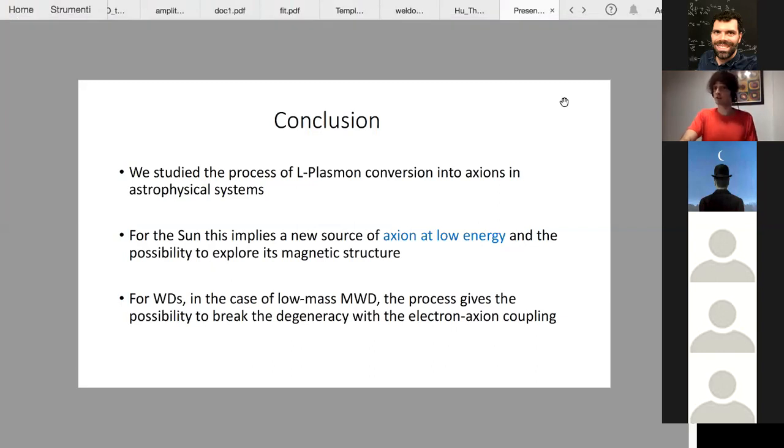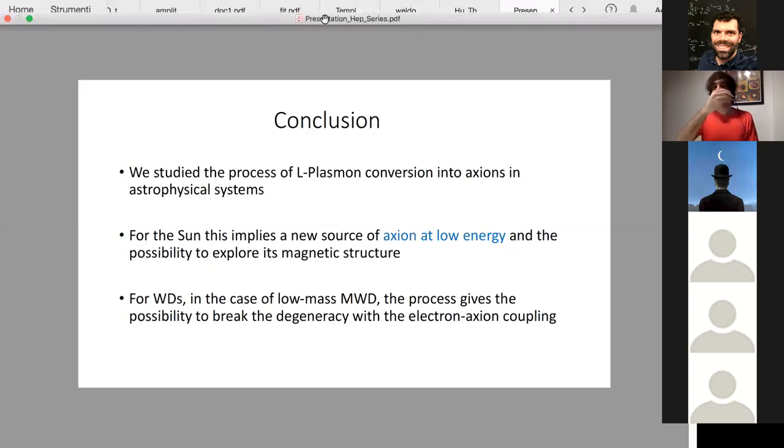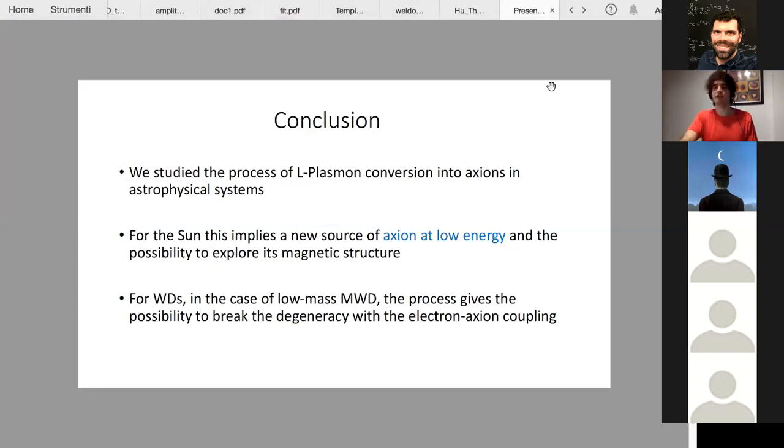astrophysical environments to consider. We were also thinking about, for example, neutron stars, and that will be very interesting. The problem with neutron stars, from a first naive calculation I did, is that if you consider the whole star, inside the star, where the magnetic field is very large, the density is very large too, while the temperature is not, at least in the model that I was considering.